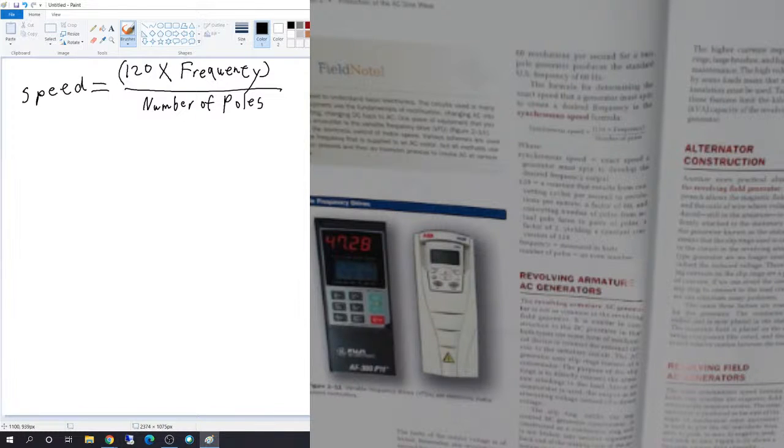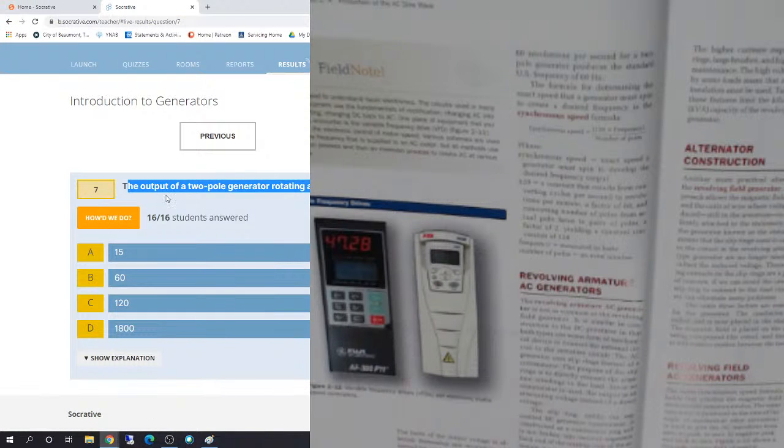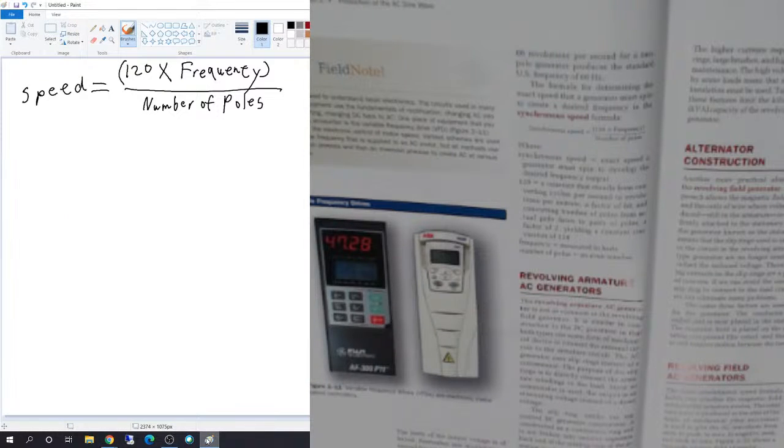The question we were given was the output of a two-pole generator rotating at a speed of 3,600 RPM. So we know 3,600 equals 120 times F over 2.